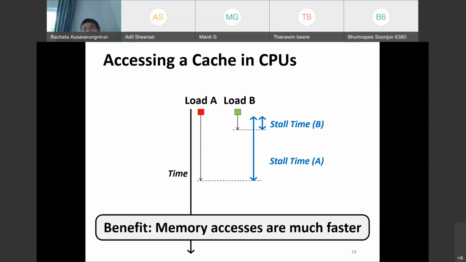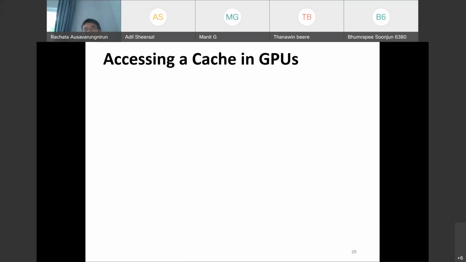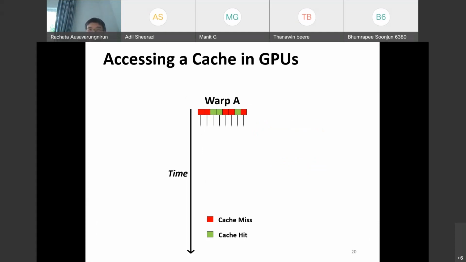So let's look at cache in GPU, right? GPU also has a cache. But let's say I have a warp where you have a mix of cache hits and misses. What happened here? The cache hit one goes to the cache, it hits. Yay, I got my data back. Can I resume warp A? Can I continue execution of warp A?